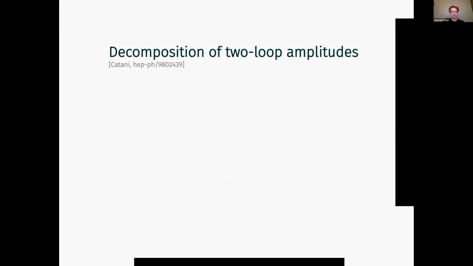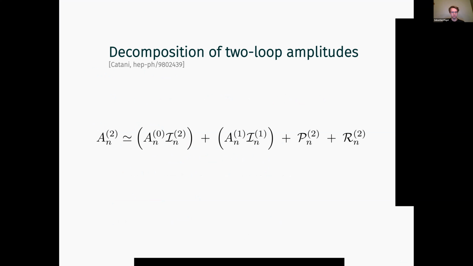Generically, they can be decomposed in the following way. A generic amplitude can be built up from a piece made up of the tree amplitude times a two-loop structure, the one-loop amplitude times a one-loop structure, and then some finite contributions, finite here being with respect to dimensional regularization.